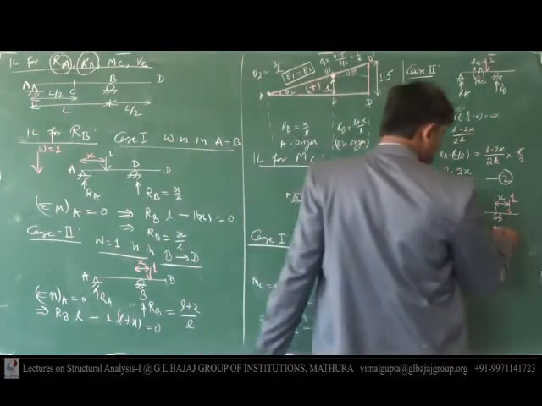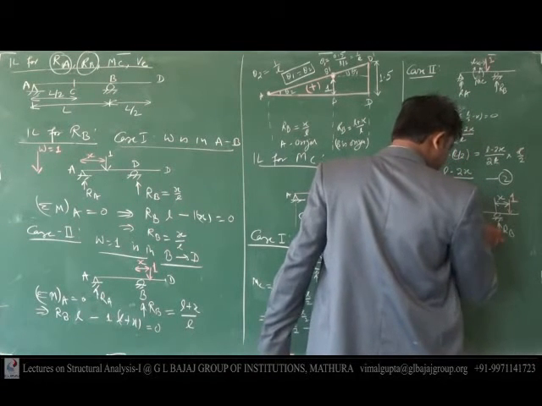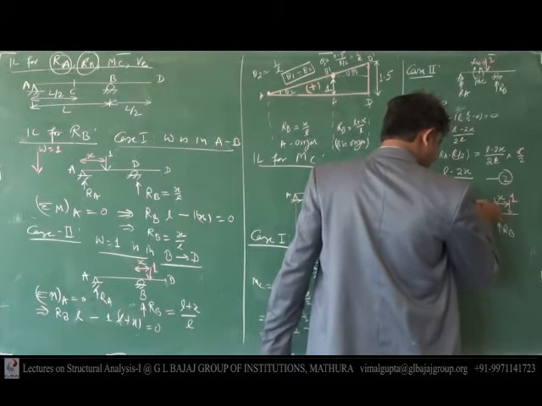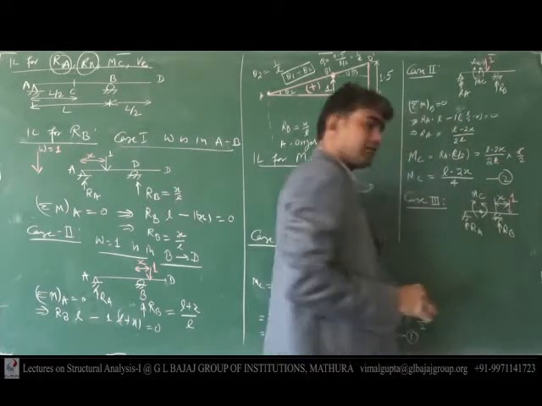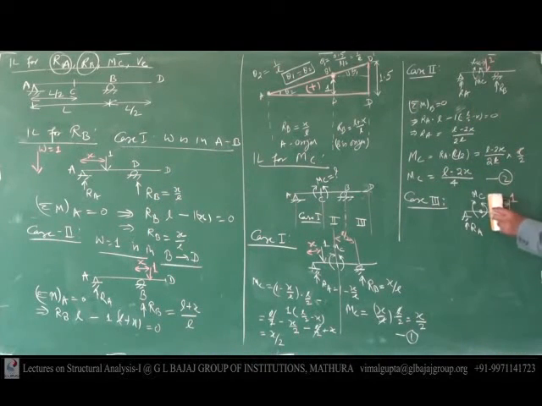And if this value is RB and this value is RA, then at point C, what will be the value of MC? For that case it is RA into L by 2.